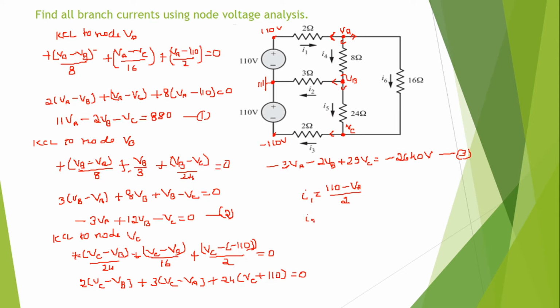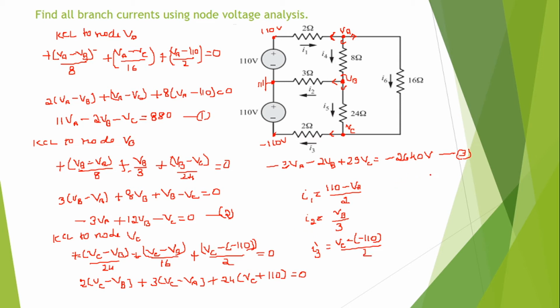I2, what is the I2 direction? It is in this direction. So VB minus 0. Here I am not considering the minus sign because I am interested in the current direction of I2, not the KCL. So I2 equal to VB by 3. I3 equal to (VC minus 110) divided by 2.